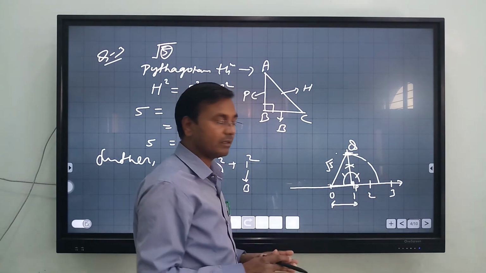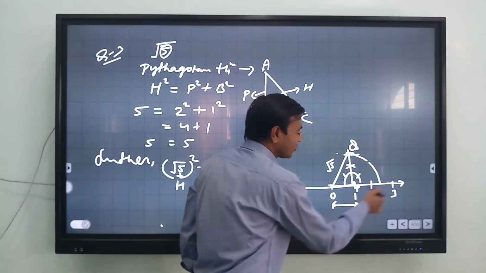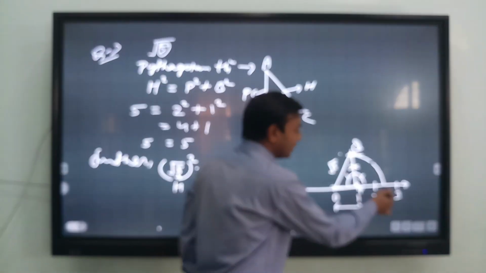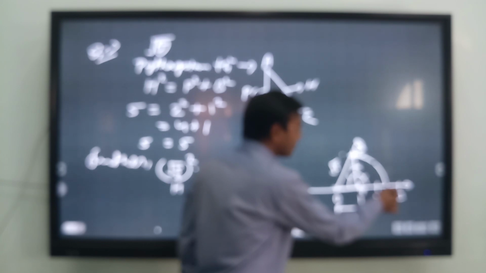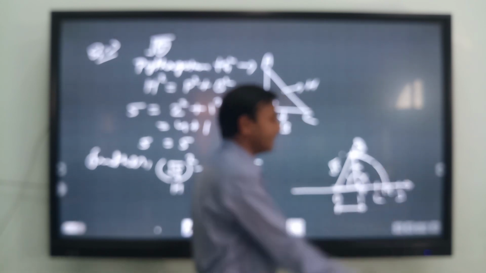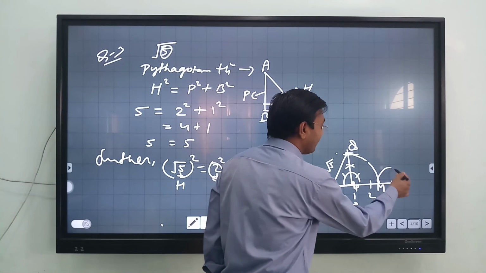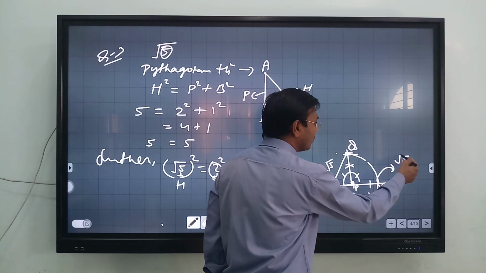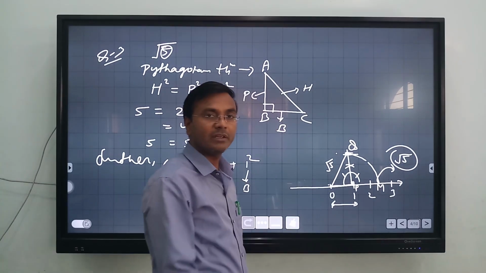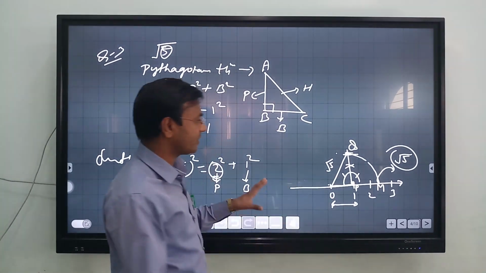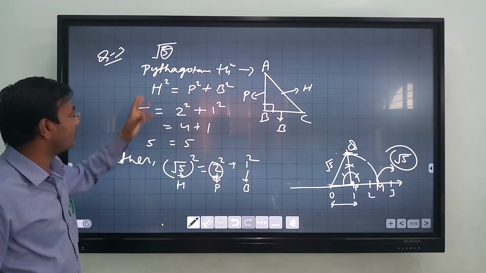It must intersect this line at a certain point between 2 and 3. Say this point is M. This M point gives the value of under root 5 on the number line. So this is the geometrical representation of under root 5.